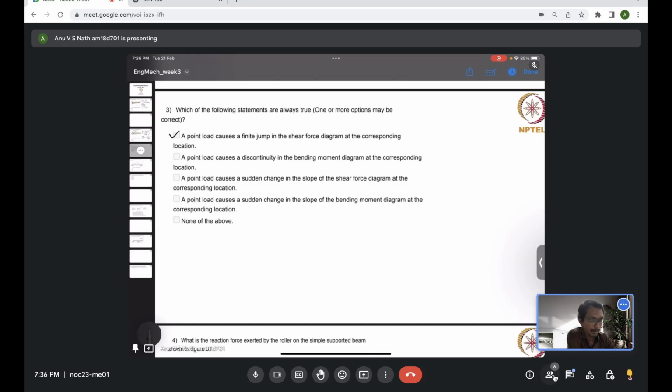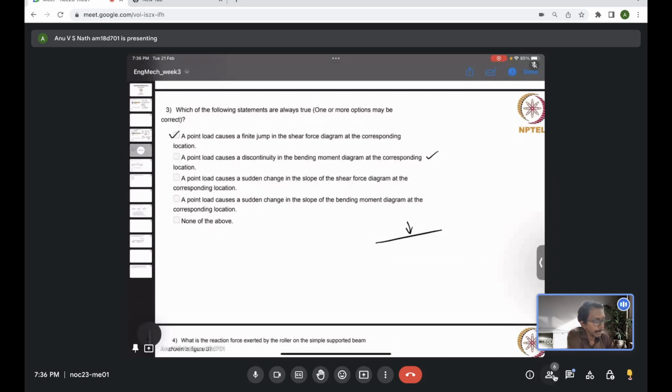Basically a point load, let's say we have a beam and we have a point load acting at some particular location. Then the shear force diagram, someone has pointed out that the second may also be correct. Let us see, I'll just mark that.